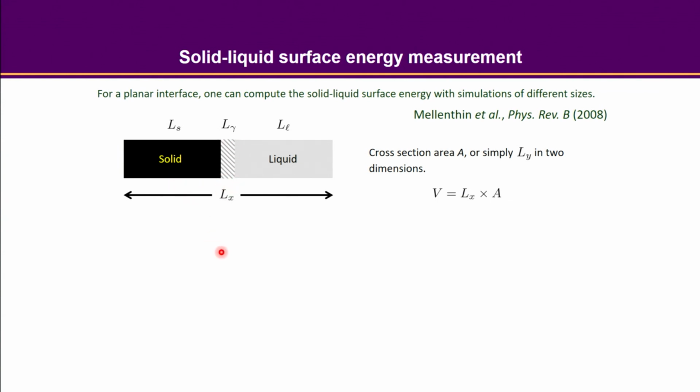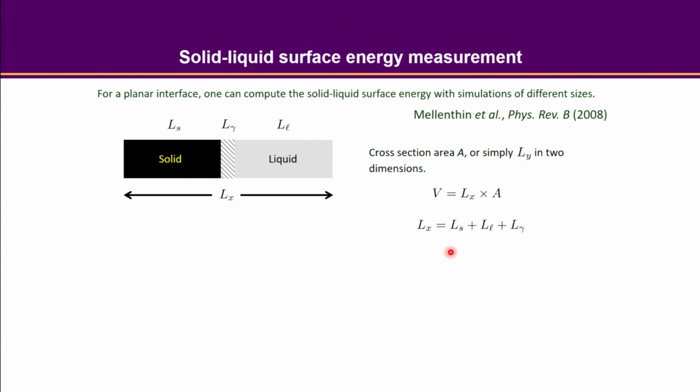In the PFC model, there is an interface width L gamma, and for a system with dimension Lx times the cross section, you expect the solid fraction and the liquid fraction not to add up exactly to 1, because there will also be a fraction for the interface. So along the x direction, the length of solid plus liquid plus the interface will add up exactly to my system dimension, right?